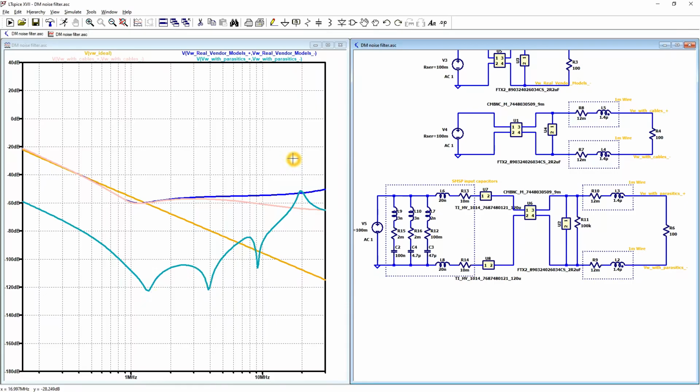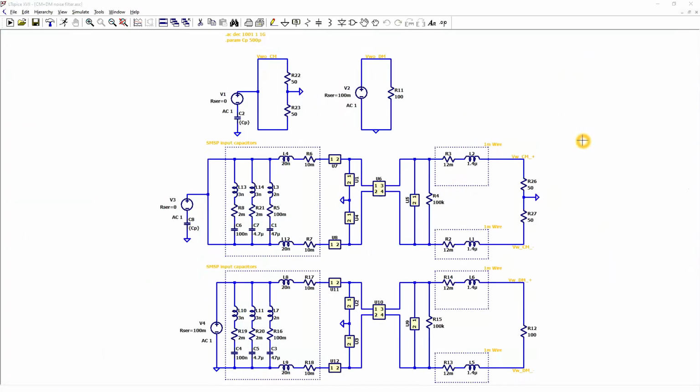checked for common mode and differential mode. This is our final filter simulation. We will check our filter with all the components for common mode and differential mode. And let's see the results.